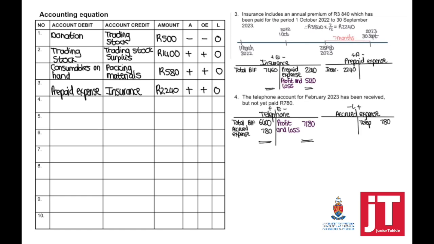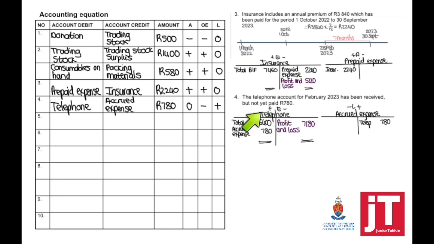Because my expense decreases, it will have a positive effect on the owner's equity. Prepaid expense is a current asset, which will be positive. Adjustment number 4, telephone account, which was still outstanding, which means telephone is debited, account credited, accrued expense.